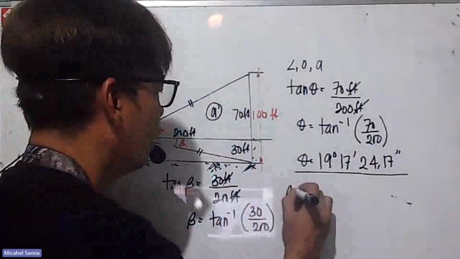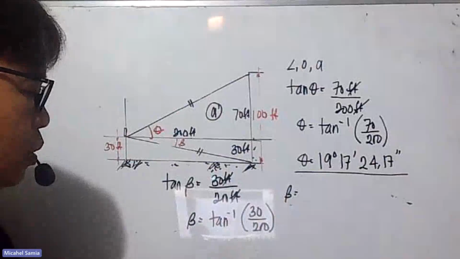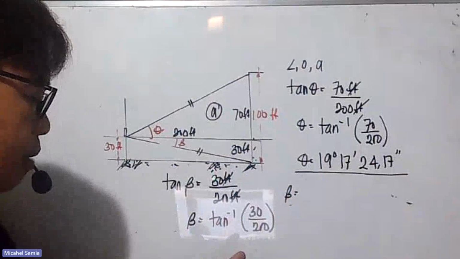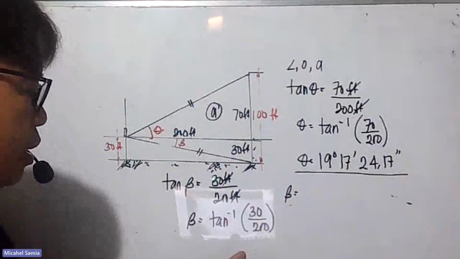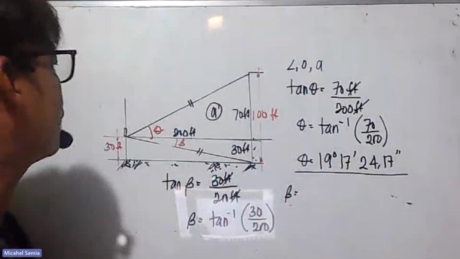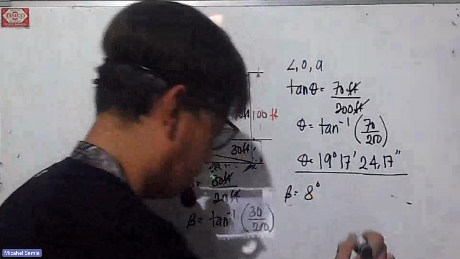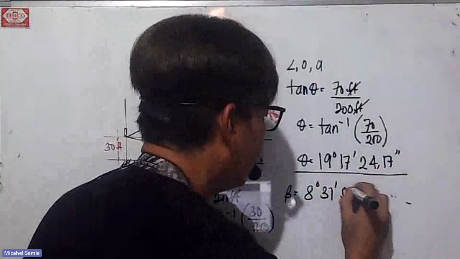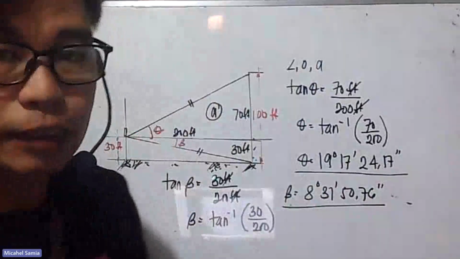So beta is tangent raised to negative 1 of 30 divided by 200. It is smaller, obviously, only 8 degrees: 8 degrees, 31 minutes, and 50.76 seconds.